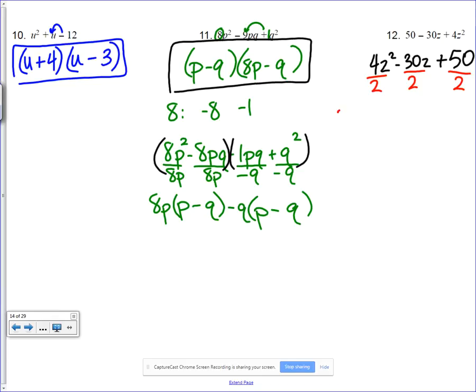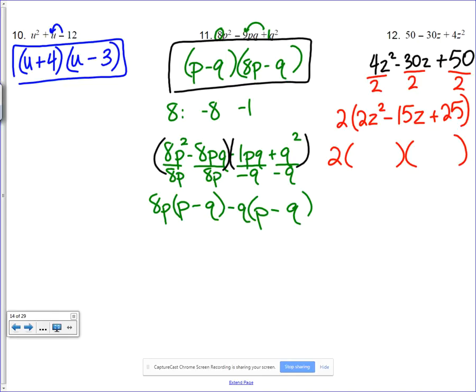Pull the 2 out front. What would be left? Again, taking out a GCF is good because it makes your numbers smaller. How many terms are in there? 3, so we're going to drop down this 2 and make 2 binomials.